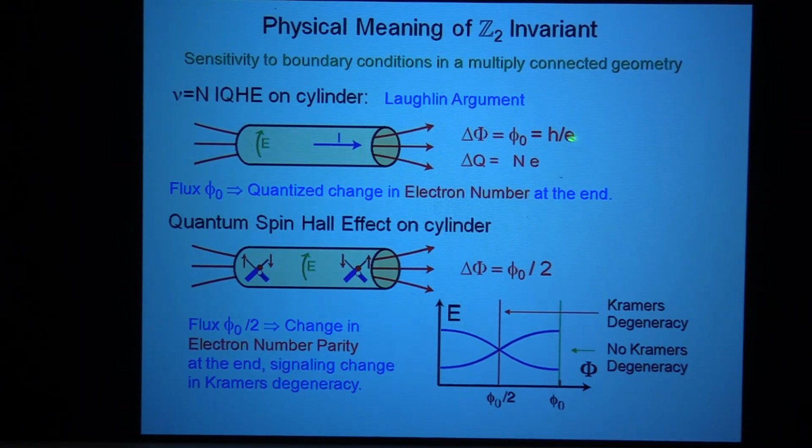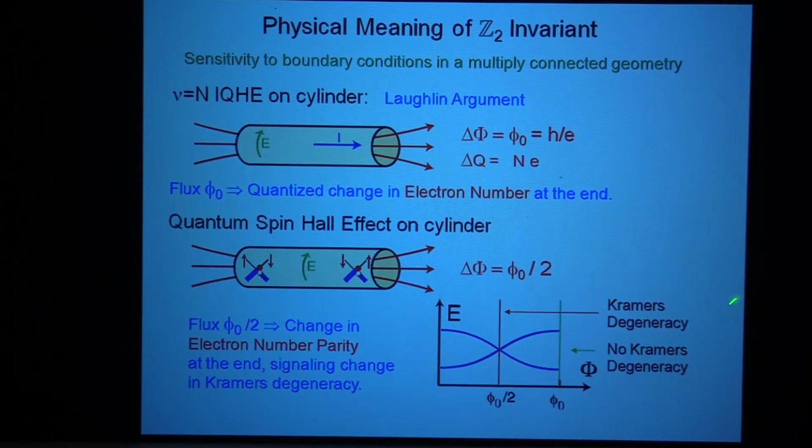Okay? And so what this means is I have gone from locally having a ground state where all of the states are paired, so there's no Kramers' degeneracy in my ground state, to a state where I have a single unpaired spin a half. So I have a Kramers' degeneracy.